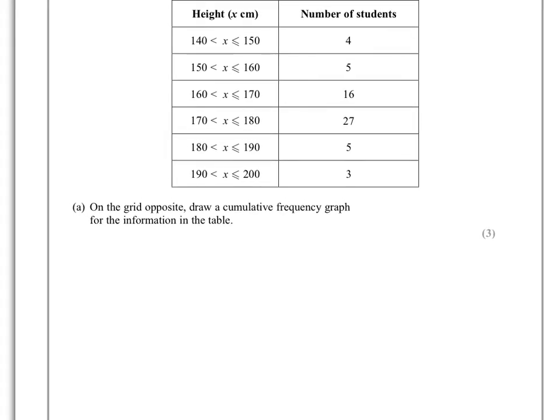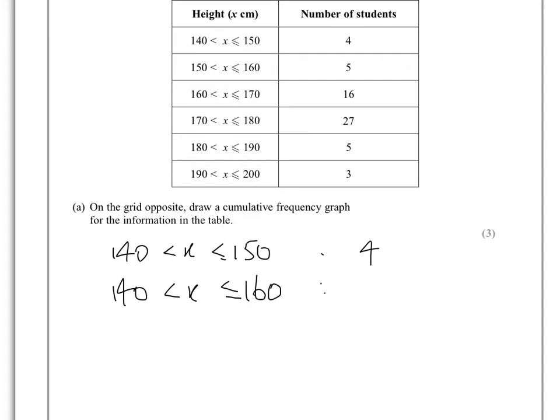So essentially we say, greater than 140 and less than or equal to 150, there were 4. Then 140 to 160, so now we're including the next category as well. Well, there's 4 plus 5, which is 9.